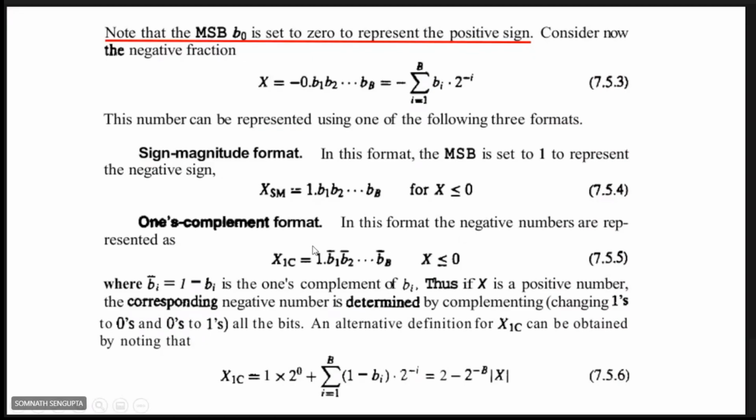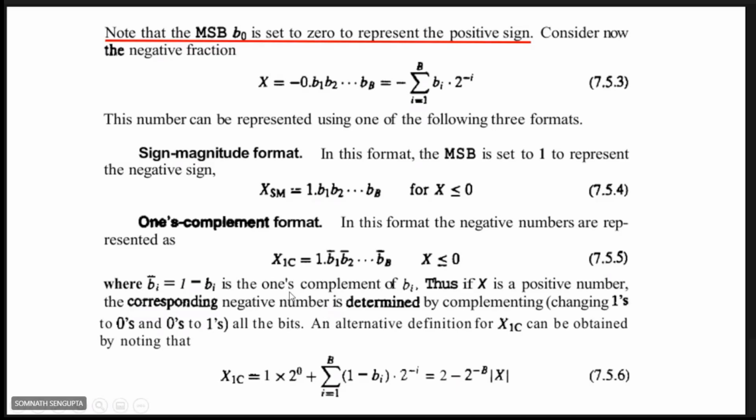Generally 0 or 1 is placed in front of all the bits. So first you take the positive sign magnitude value, then you invert all the bits.